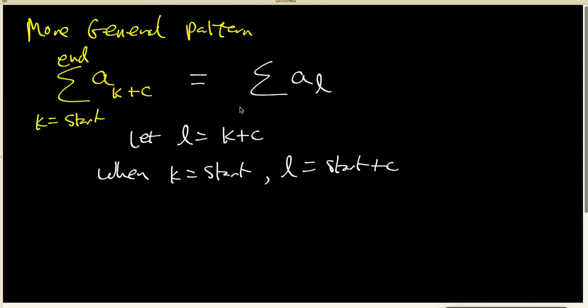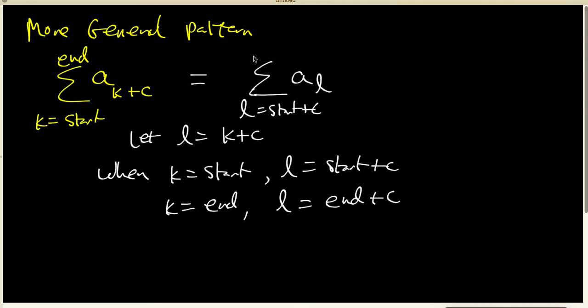So this sum is going to run as L goes from start plus c up to, well, when k is at that ending value, L will be the ending value plus c, so I will get the end plus c up here. And so there's always a way of rechanging things. And I do want to look at a specific example of this.